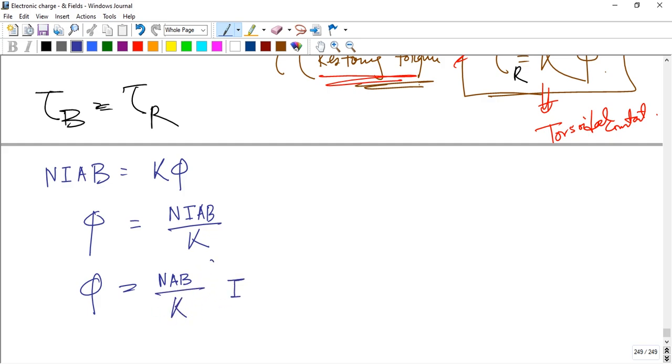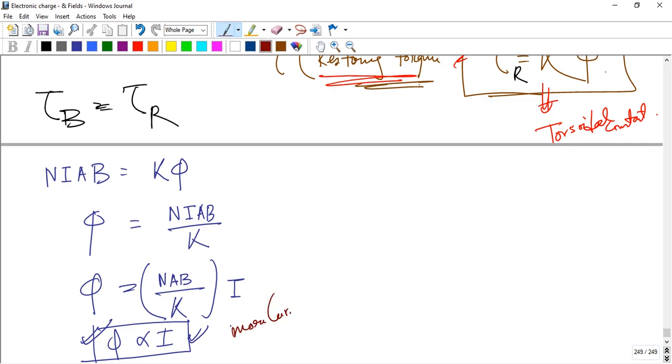These are all constants, so phi is proportional to I. So more current gives more deflection.